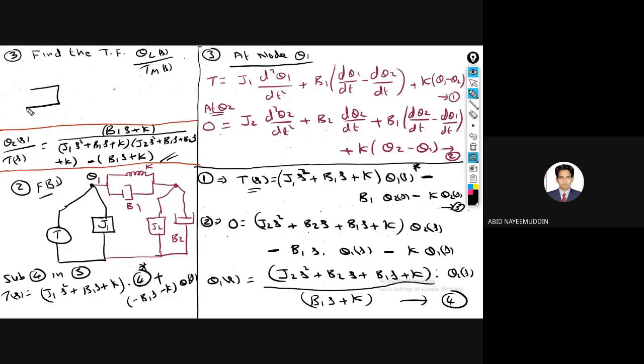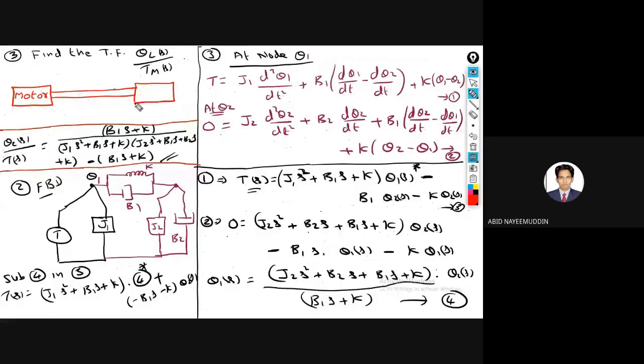I am drawing like this: a motor connected to a load through a shaft.